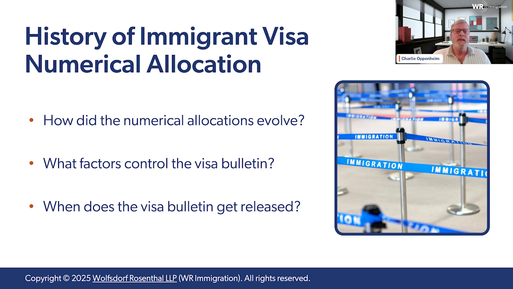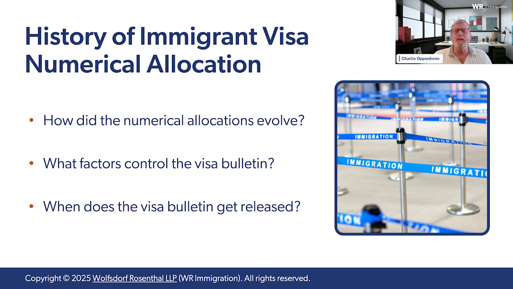The factors which control the Visa Bulletin are the amount of numbers which are available in any given year, how many numbers have been used up to that point in the fiscal year, and anticipated demand for the remainder of the year. The dates listed in the Visa Bulletin are the State Department's attempt, in collaboration with the USCIS, to maximize number use under each of the visa categories.